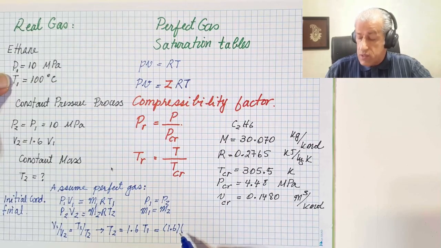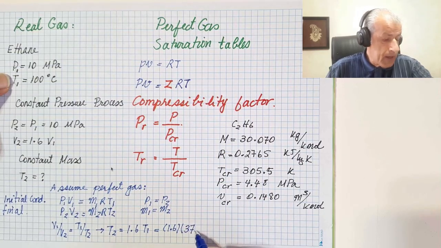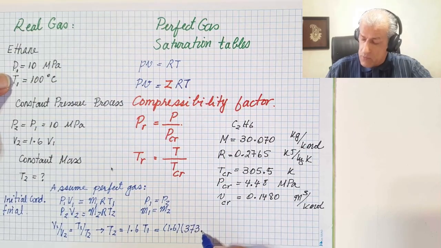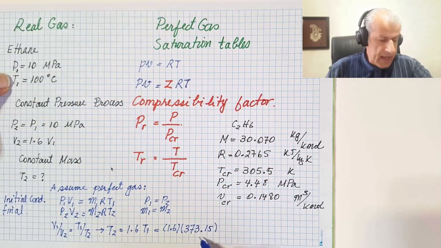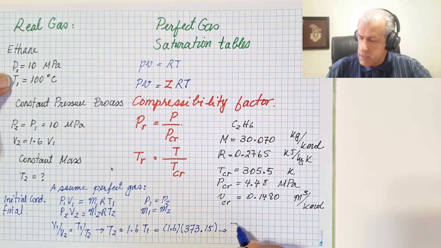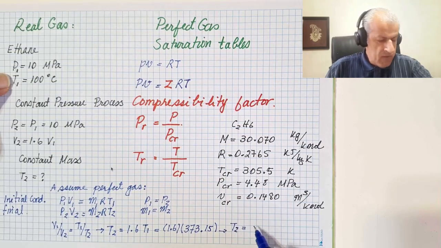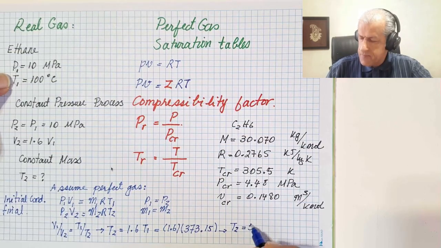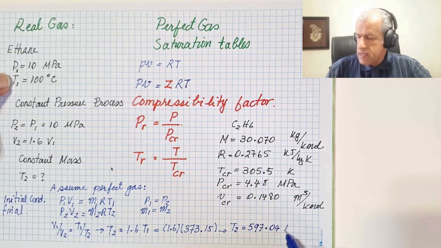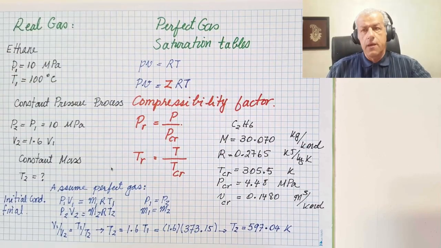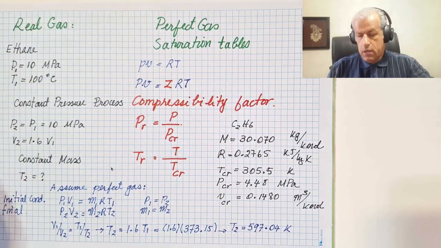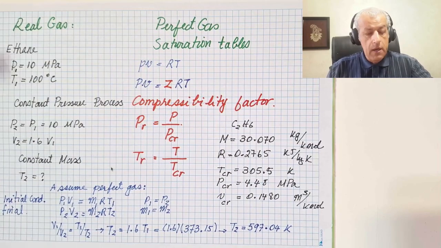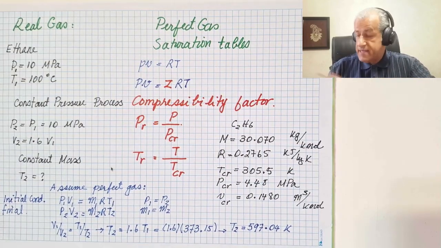It would be 1.6 times 373.15, and the outcome for T2 is 597.04 Kelvin. This is our result for a perfect gas assumption.